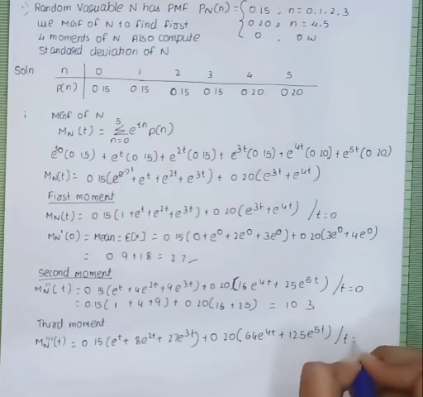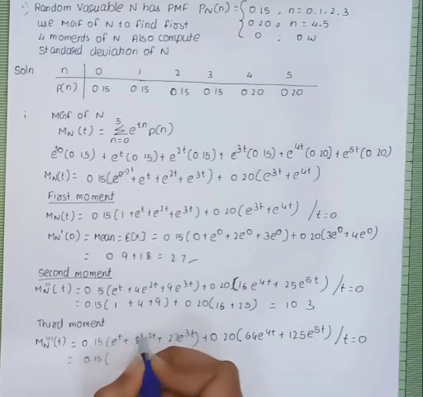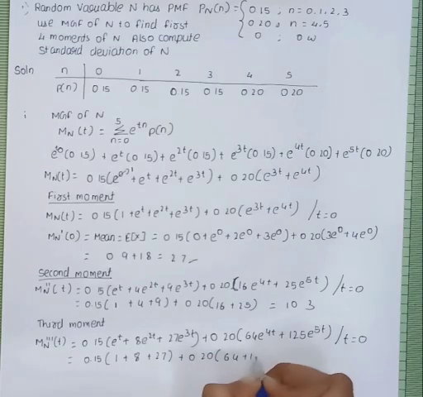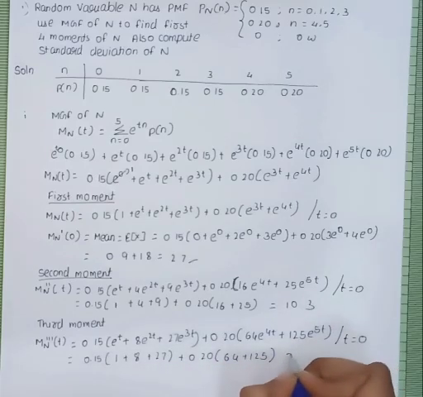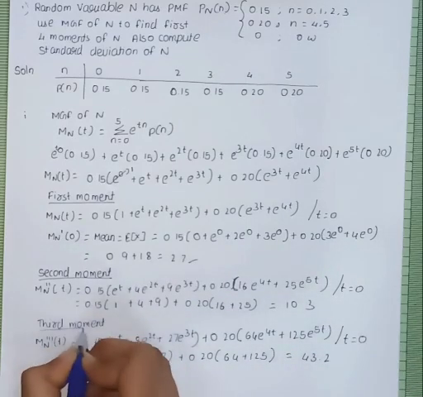Now again we put t equals 0: 0.15, e power 0 is 1, then 8, 27, plus 0.20 into 64 plus 125, bracket close. When we add this, we get 43.2. Now this is our third moment.